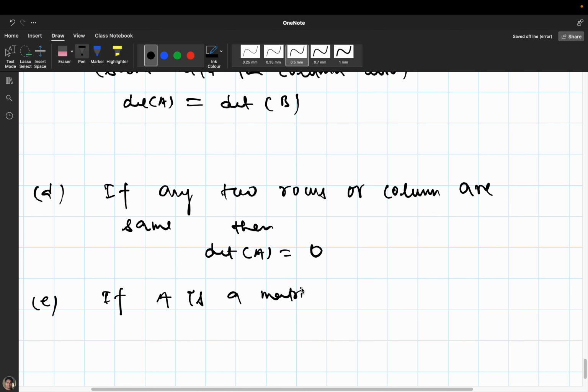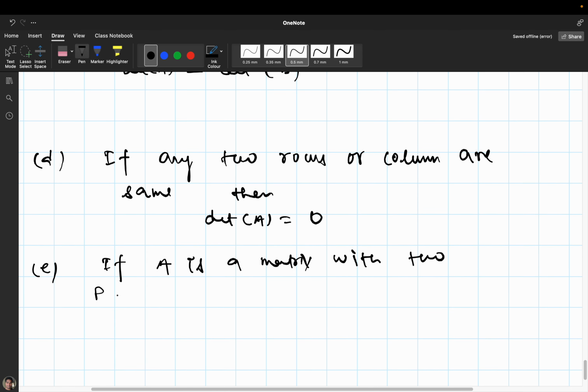If A is a matrix with two proportional rows or columns, then what will happen?